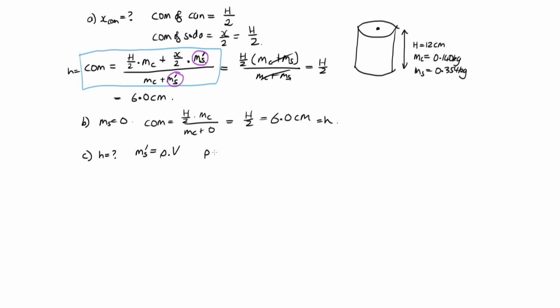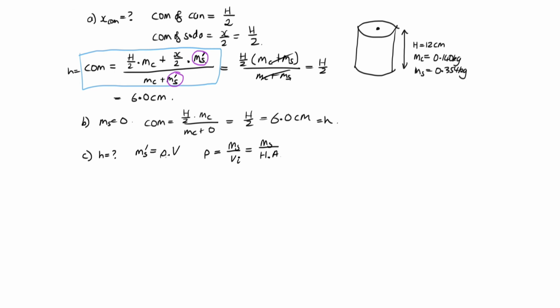And we can work out the density because we're told the initial mass. So the density is equal to the mass divided by the initial volume, and so this will be equal to ms, which we've got a number for, I'm just not going to substitute it in right now, over the initial volume, and that's equal to the height times the cross-sectional area of the can.